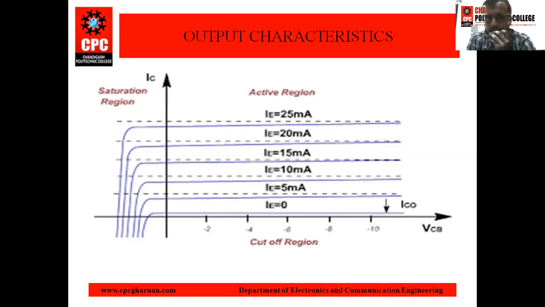You can observe that IC first increases and then becomes constant as the voltage keeps increasing. When IE is increased again and again, IC also increases. Due to that, we observe that IC is directly proportional to IE.